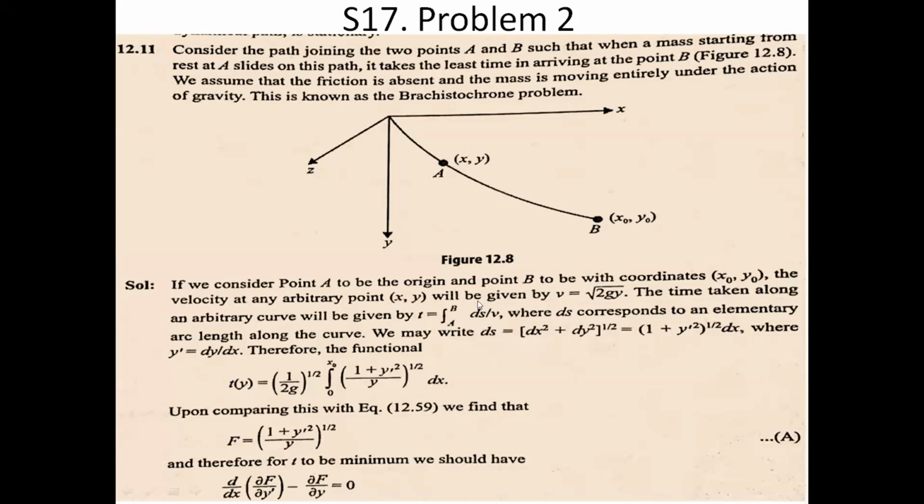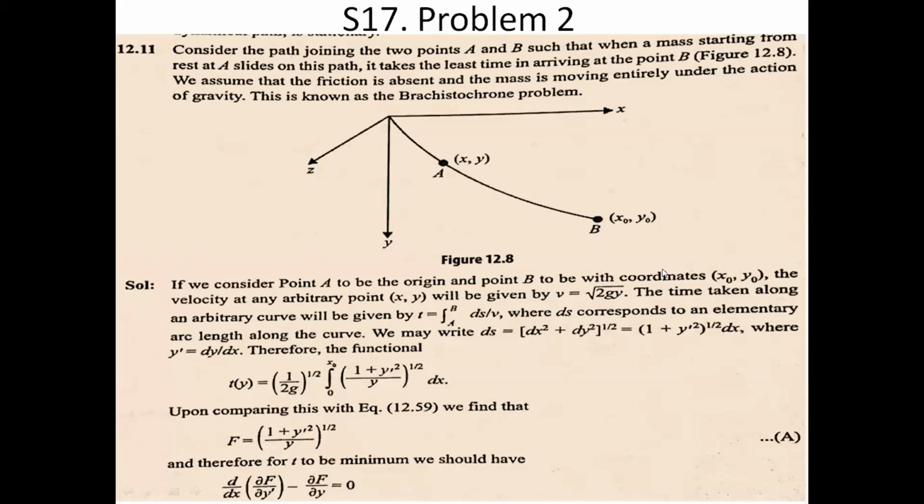And the time taken along an arbitrary curve will be the curve length ds upon velocity v, where velocity is given by the square root of 2gy, and ds is an elementary arc length along the curve.